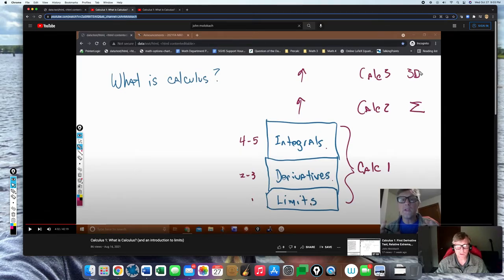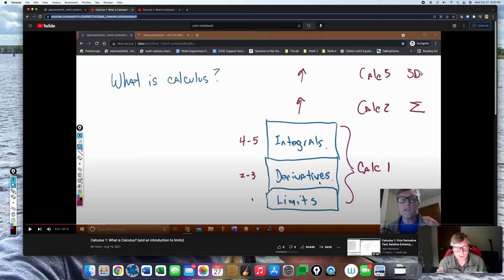We evaluated limits using a table of values, using algebraic techniques, using graphs. And then we did a couple of chapters of derivatives and the applications of derivatives. So you found derivatives using the product rule, quotient rule, chain rule, power rule. And you applied derivatives, not just in L'Hopital's rule, but to find relative extrema and absolute extrema on a closed interval.